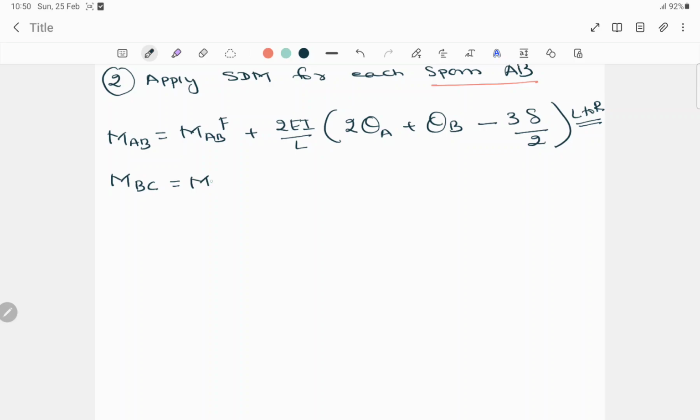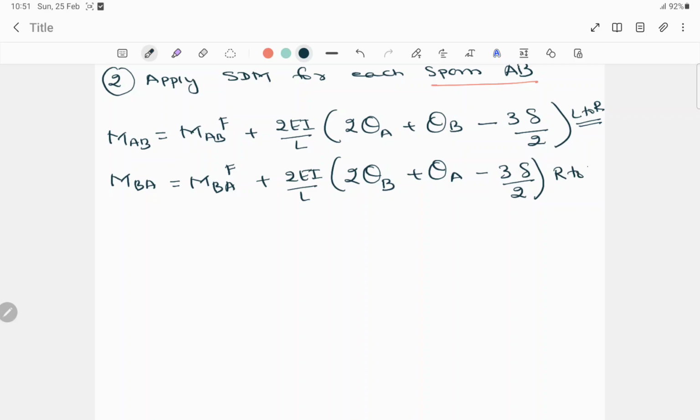And if we consider the moment from right to left, then we have to use this formula, that is MBA now. So MBA is fixed end moment plus 2EI by L upon 2 theta B plus theta A minus 3 delta by L. And this formula we will consider when we calculate for MBA, that is for right to left.